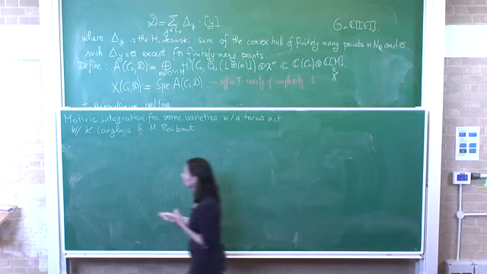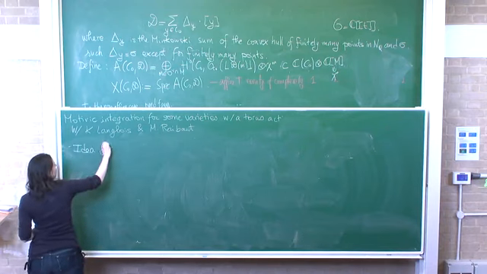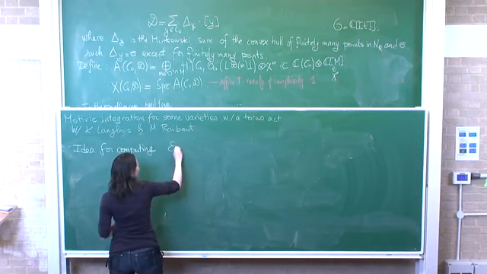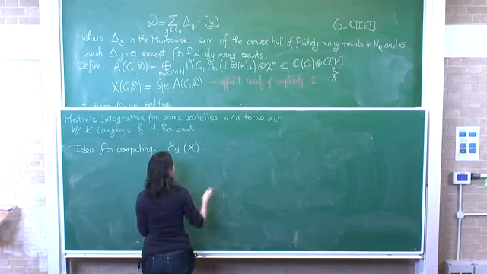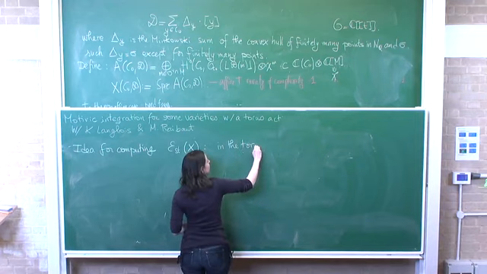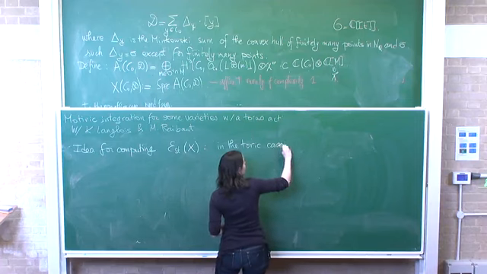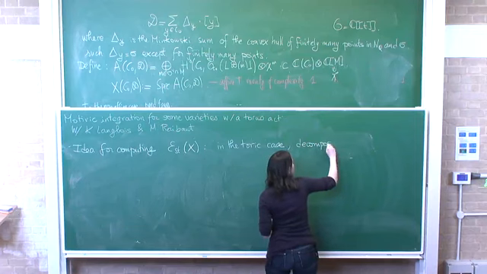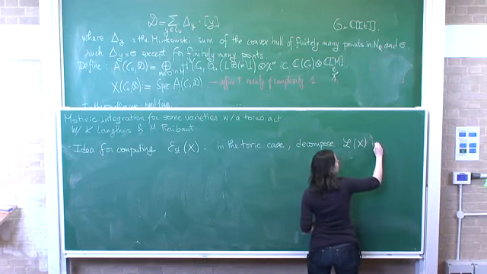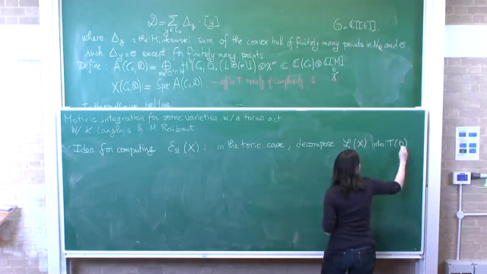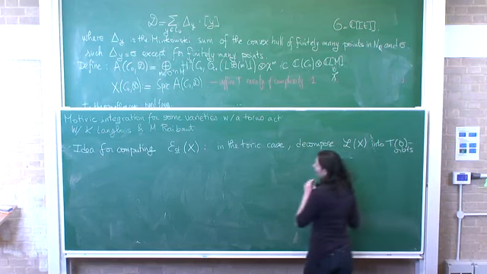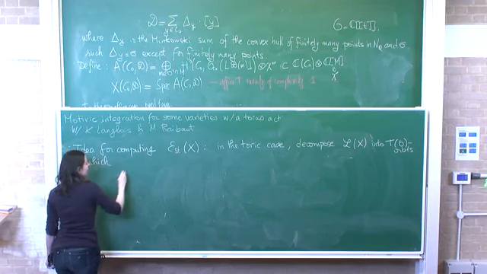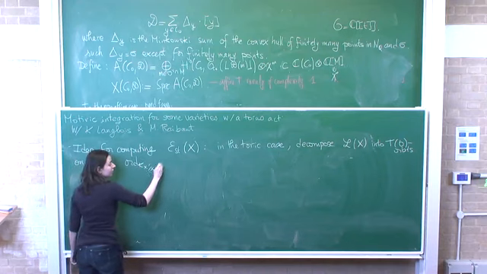So the idea for computing this is that, in the toric case, we decompose the arc space into T of O orbits, on which this function is easy to compute.